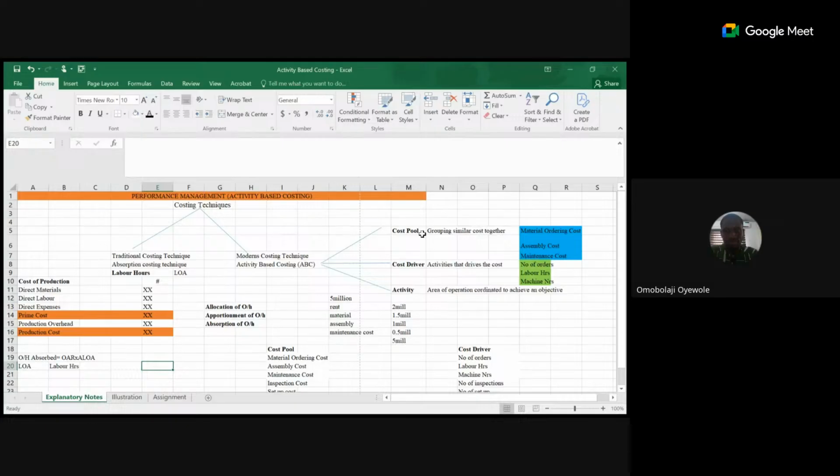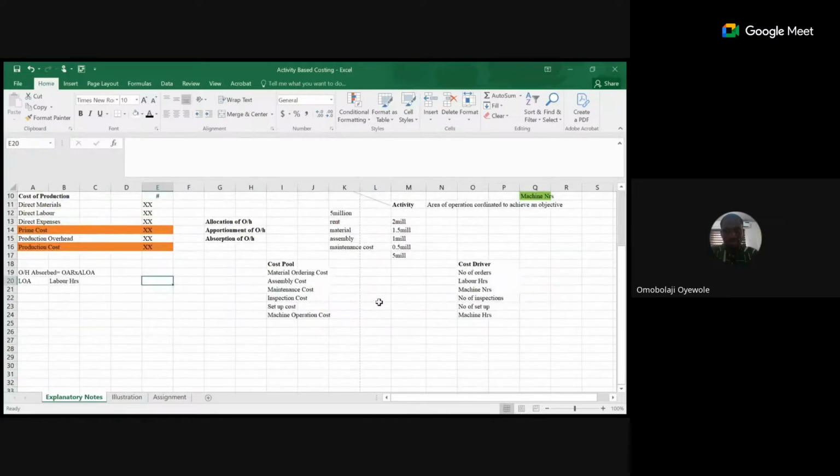So we need a cost pool and a cost driver. Under exam conditions, the cost pool will be given to us, and the cost driver will be given to us. Sometimes it's going to be our responsibility as students to identify the cost driver for each cost pool. Sometimes the cost driver can be given together with the cost pool.